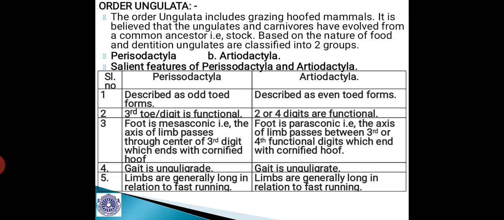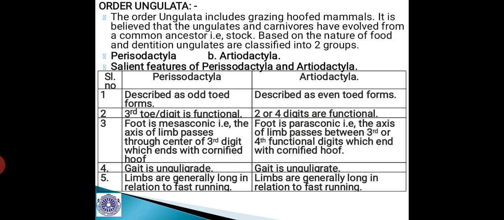In Perissodactyla, the gait is unguligrade. And in Artiodactyla also, the gait is unguligrade. You know the meaning of the term unguligrade: it means walking on hoof-like projections of the legs.